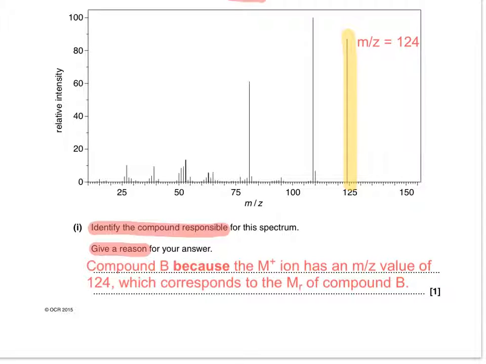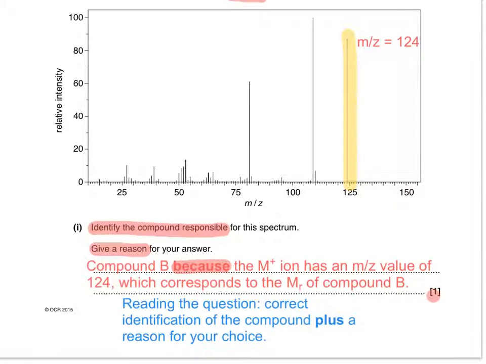That's why I've highlighted the word because. Because if what you've put doesn't have the statement of the correct compound plus the reason, you don't get the mark. So even though it's 1 mark, it needs the statement plus reason. So this would be an obvious example of reading the question.